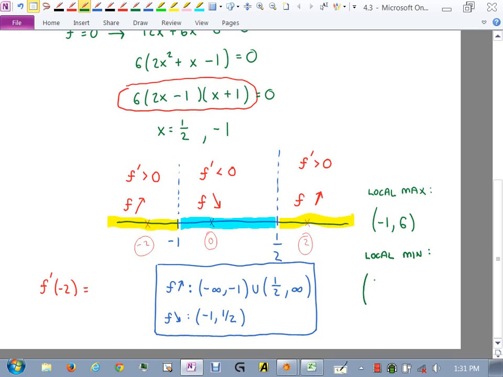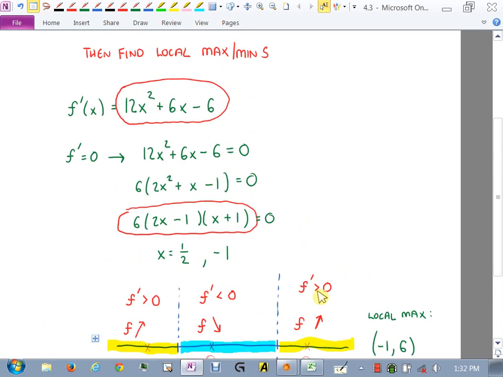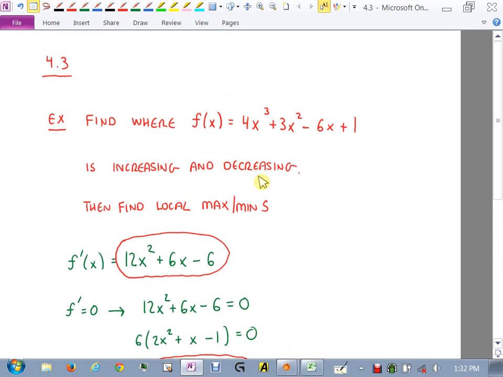Plug in 1/2 into the original function. -1 was a little easier, wasn't it, to plug in? 1/2 might be a little more work, but I'll do it up here quickly. 1/2 cubed is 1/8, plus 3 times 1/2 squared is 1/4, minus 6 times 1/2, plus 1. So 1/2 plus 3/4 minus 3 plus 1.